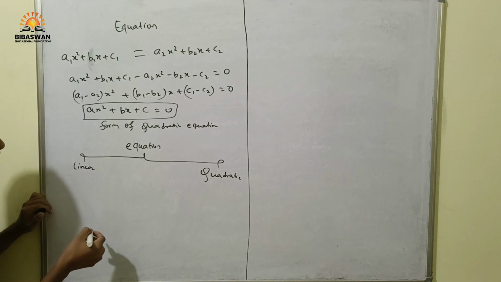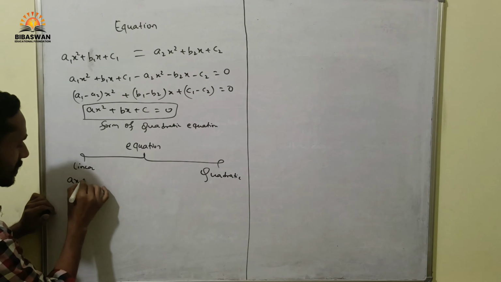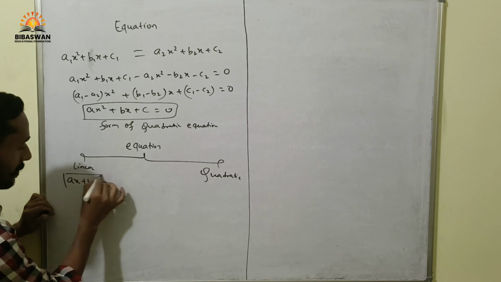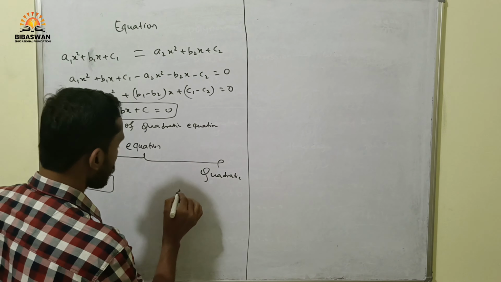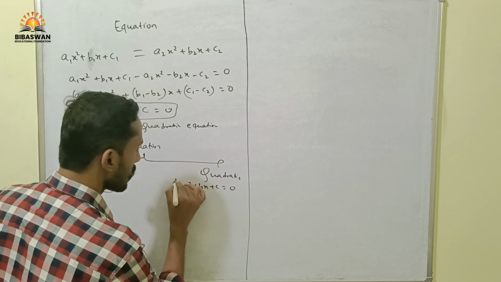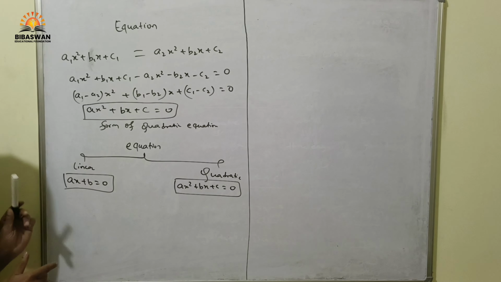What is the form of linear equation? ax plus b is equal to 0. And in quadratic, ax square plus bx plus c is equal to 0. Any problem?